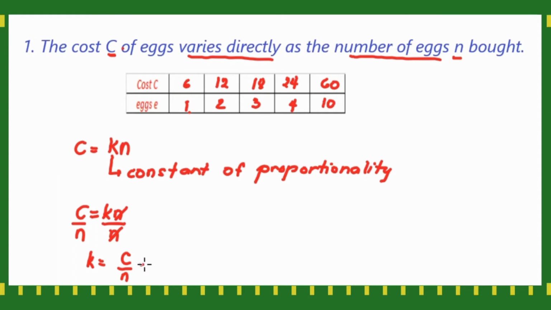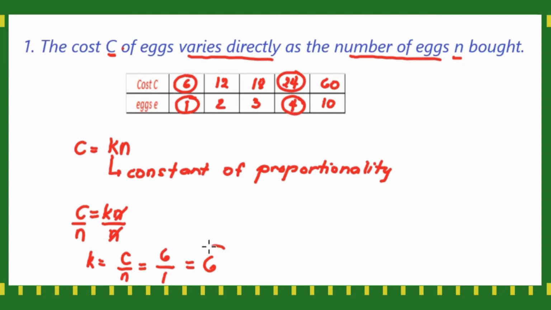So, para makuha natin yung value, we will just substitute one of the values here. So, we have for cost C, that is 6. And the number of eggs is 1. So, 6 divided by 1 is equal to 6. Even this one, pareho lang siya, 24 divided by 4, that is also equal to 6.